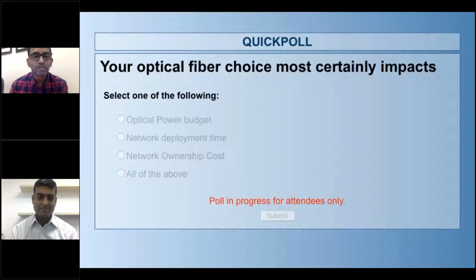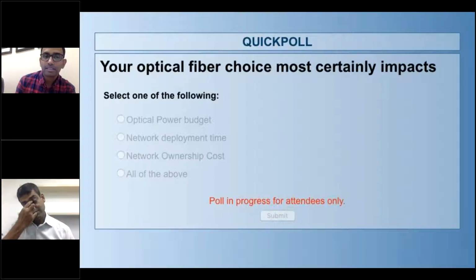You have to select one of the following options: either optical power budget, network deployment time, network ownership cost, or all of the above.